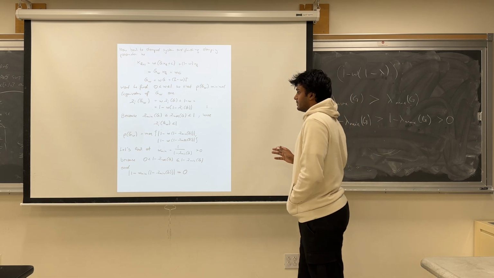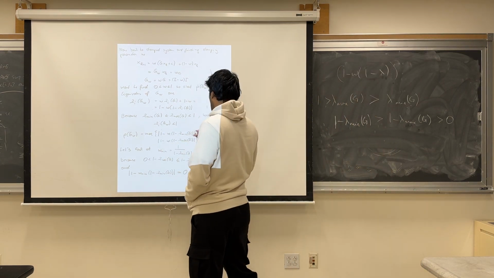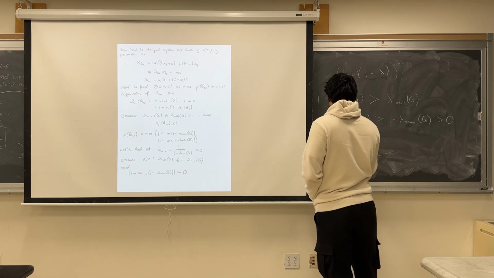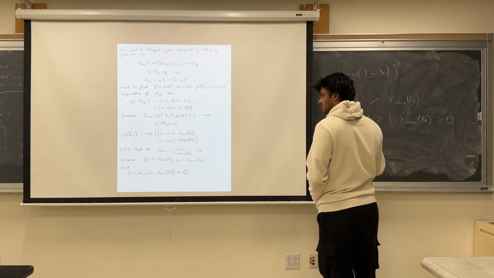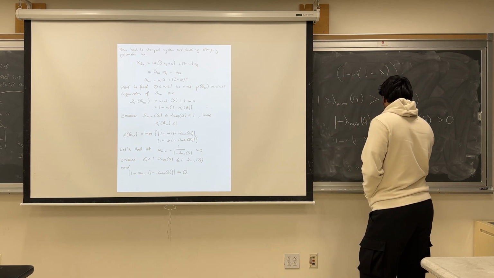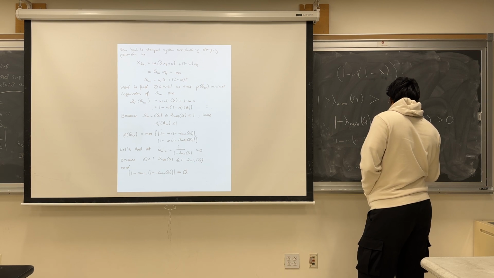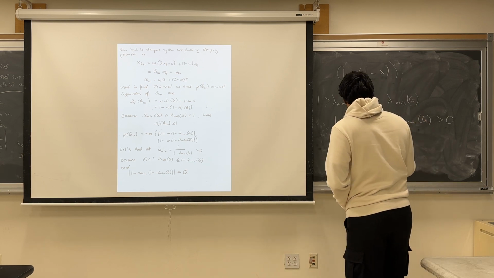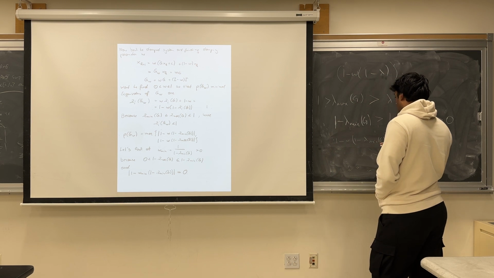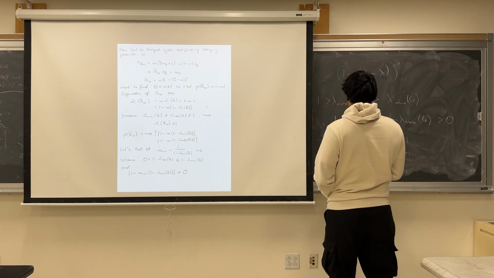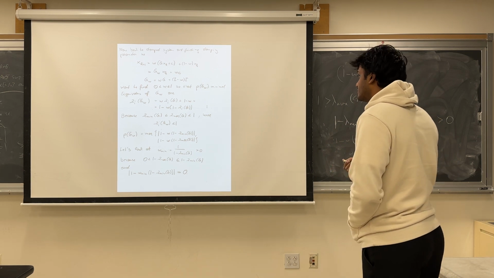Let me just look at this one. Let me try to make this 1. So that becomes 1 minus omega times 1 minus lambda min of G equals 1 or minus 1. Omega is 0.